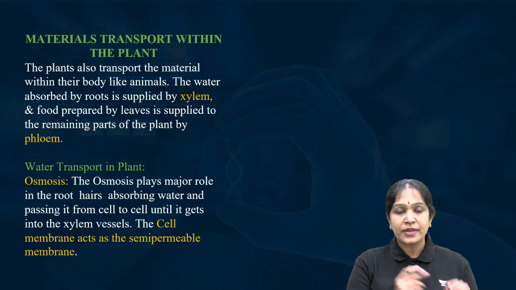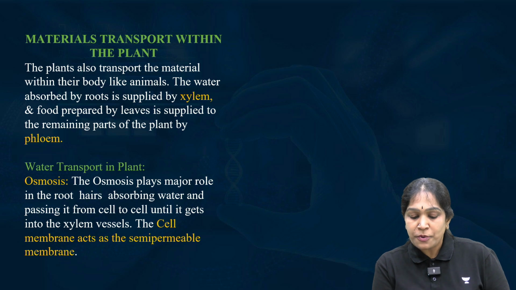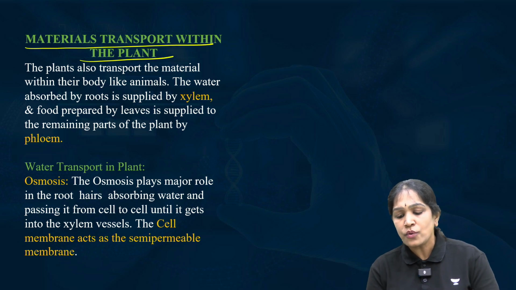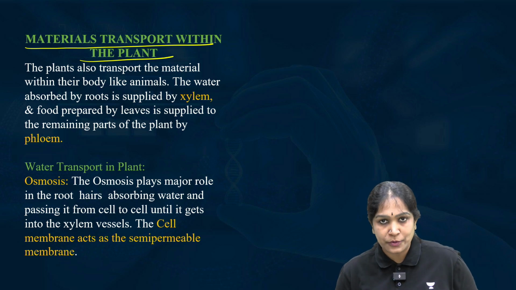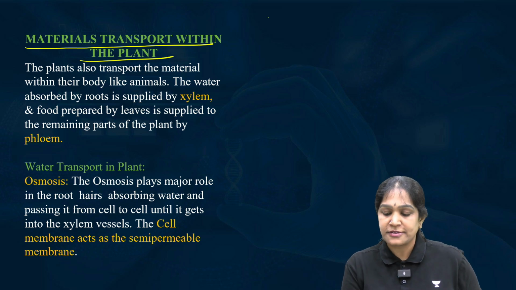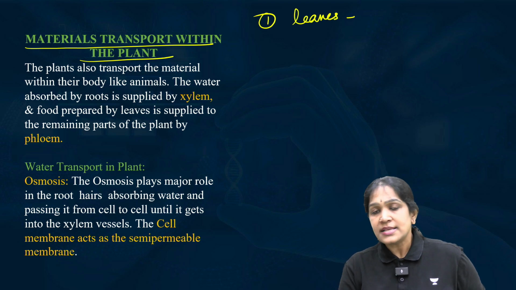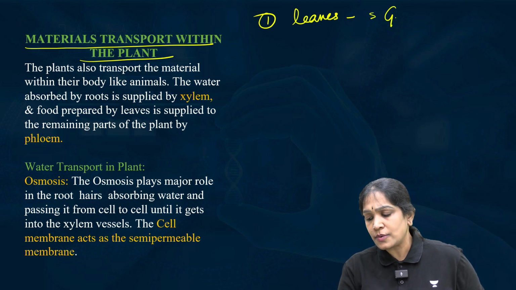Now let us see the material transport in the plant. Why do we require material transport? For two reasons. First point, leaves synthesize the glucose, isn't it? Through what process?